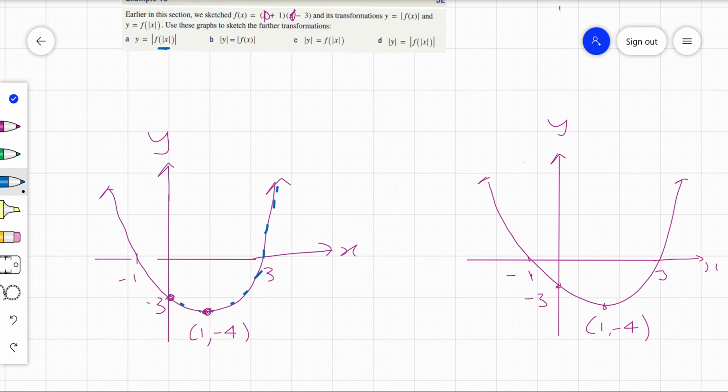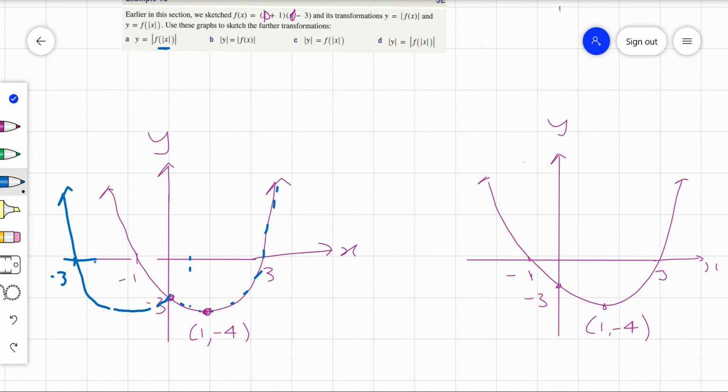But on the other side where x is negative, I'm pretending it's the same as the positive side, so it's going to be a reflection of the right-hand side. If I cut through at 3, this is now going to be at minus 3.